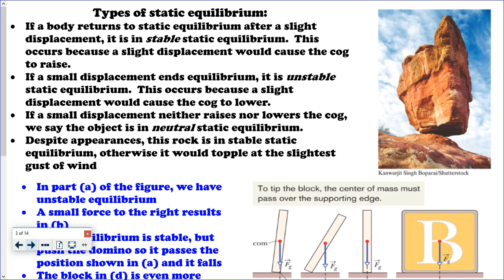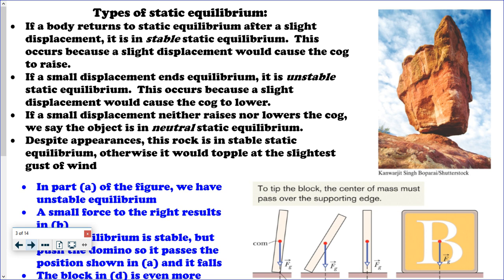Okay. There are a couple types of equilibrium. When you talk about equilibrium, you're saying the object has a net force of 0 and a net torque of 0. Usually we assume it's at rest, though theoretically it could be moving at a constant velocity or rotating at a constant angular velocity. There are three types of equilibrium.